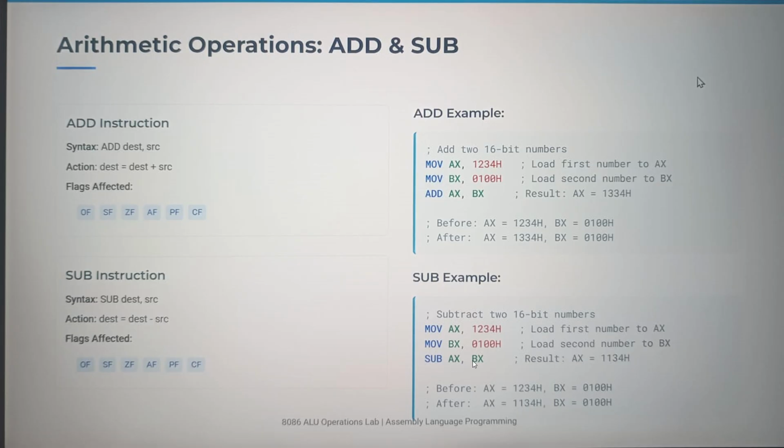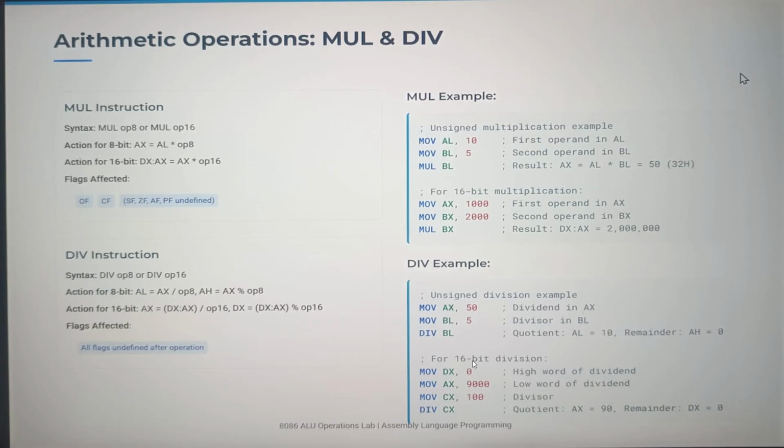Moving ahead is multiplication, very much similar. We move both the numbers in AL and BL, use MUL to perform multiplication, and store the result in AX. Then division.